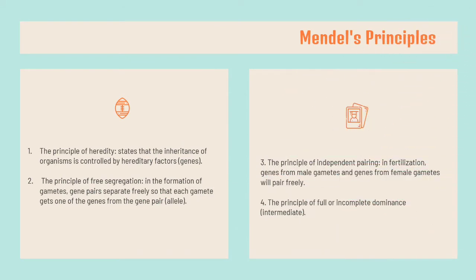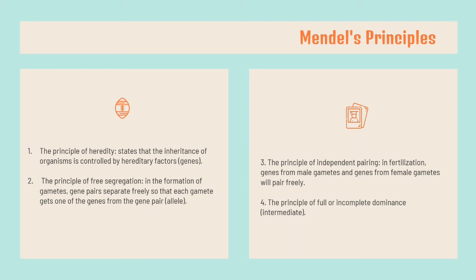Mendel's principles. 1. The principle of heredity states that the inheritance of organisms is controlled by hereditary factors or genes. 2. The principle of free segregation: in the formation of gametes, gene pairs separate freely so that each gamete gets one of the genes from the gene pair. 3.